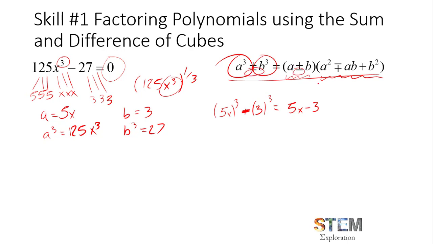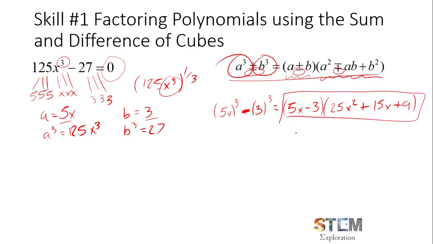That's the binomial, times 25x squared plus, because we're using the bottom half of the equation, 5x times 3, which would be 15x plus 9, okay? And this would be the difference of cubes for this given cubic function.